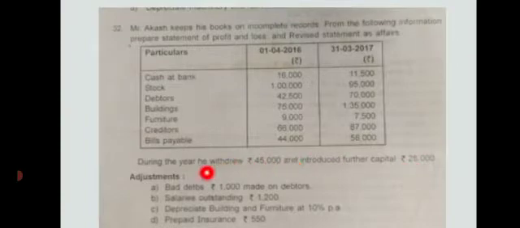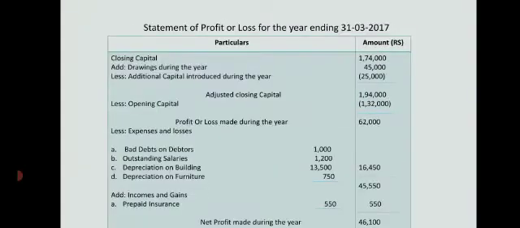So in this problem, the proprietor Mr. Akash has withdrawn 45,000 for his personal use, and he has also introduced additional capital of rupees 25,000, right? And we are supposed to consider the adjustments also given in the problem to find out the net profit made during the year by Mr. Akash, right? So this is the statement of profit and loss.